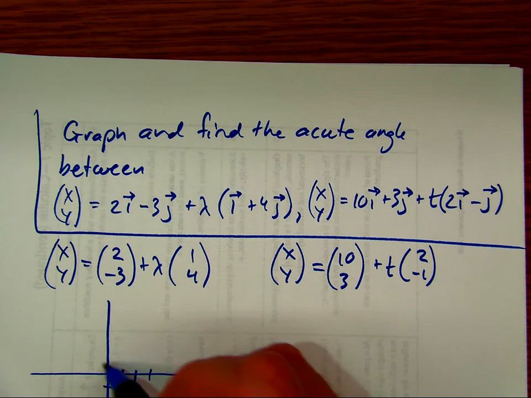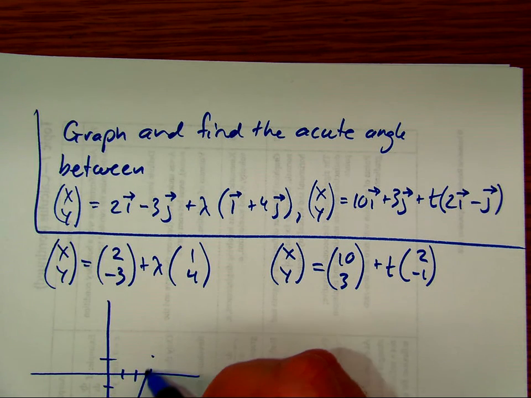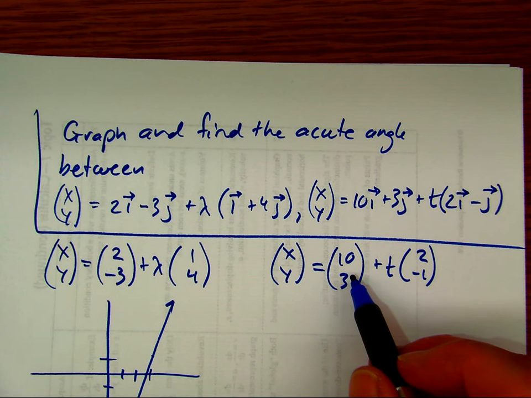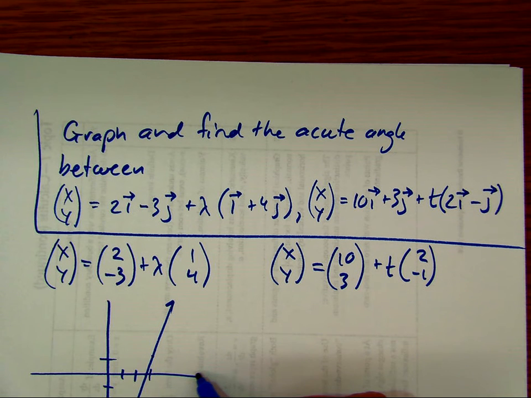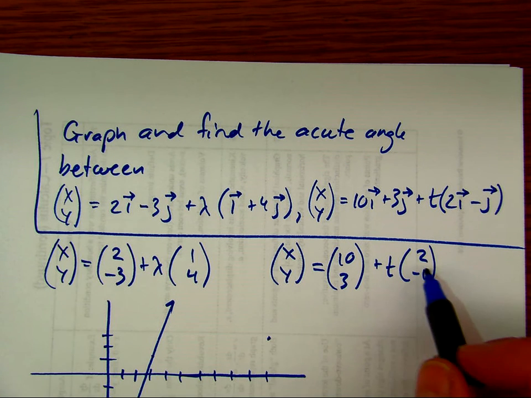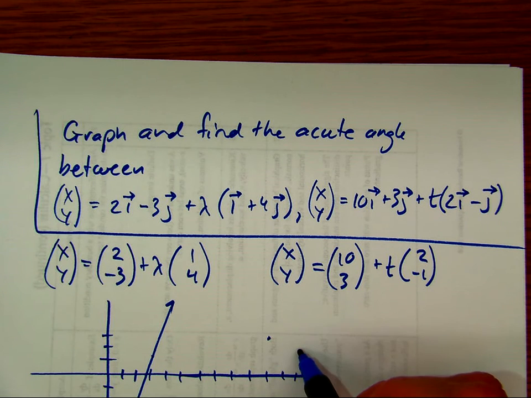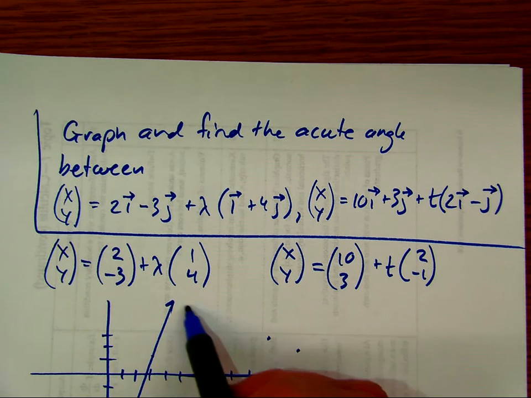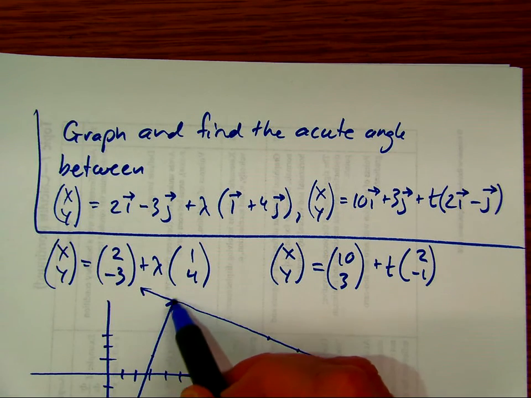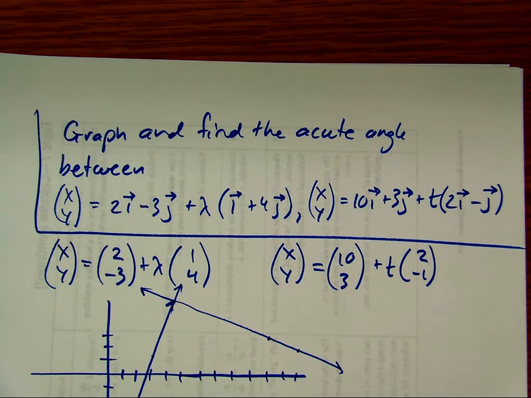Over 1, up 4, and there's that line. Here we're going to go out to 10, up 3. And this says we're going to go over 2, down 1. So we're trying to find the angle between those lines.